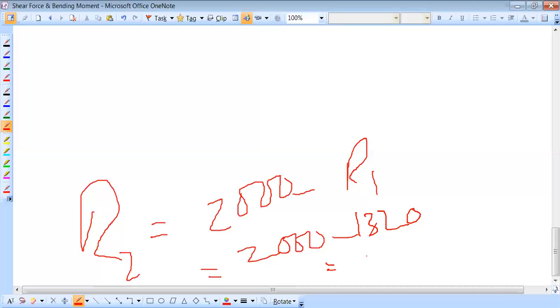You can easily calculate this value: 680. So we can easily find R1 and R2.